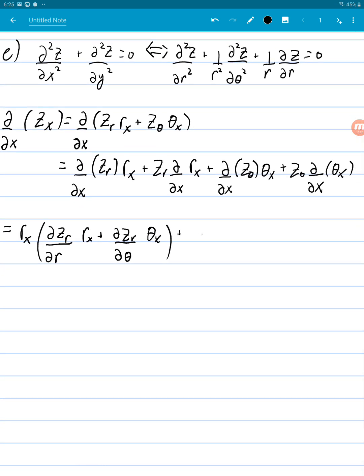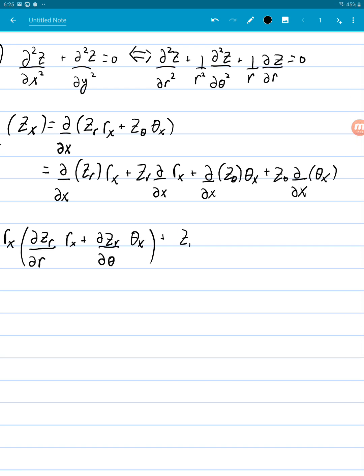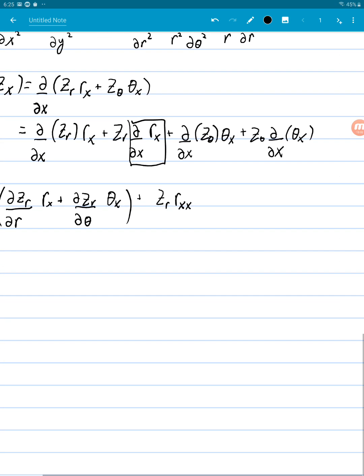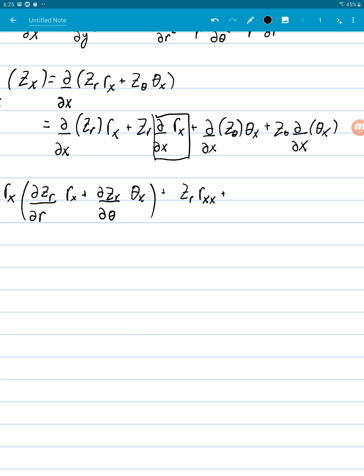Then we have plus our zr. Now this was the second derivative of r with respect to x. I'll write that as rxx. We have plus, put the theta x out front.